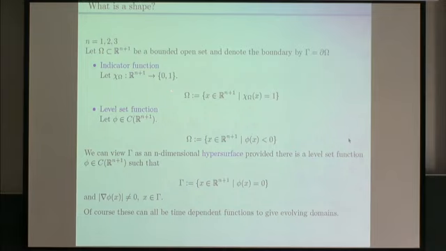Omega is those x in R^(n+1) so that this characteristic function is 1, and outside omega it takes the value 0. I hope that this is going to be an open set. It might not be. I've got to define these things a bit better. It's an indicator function. That could be a description.